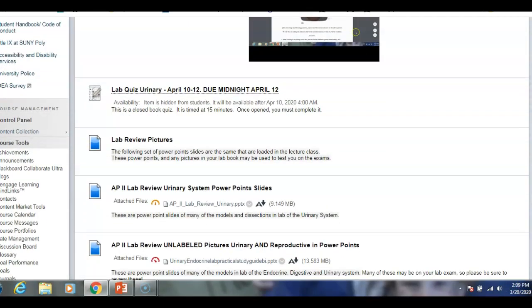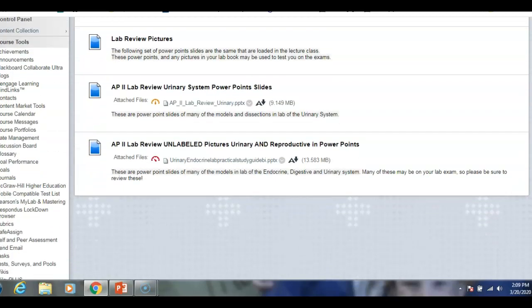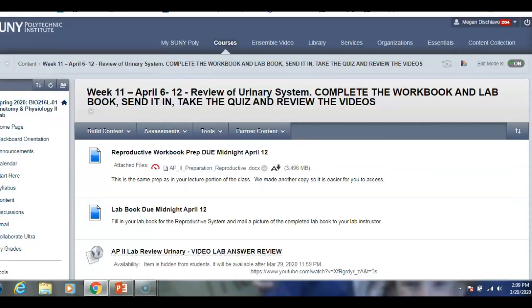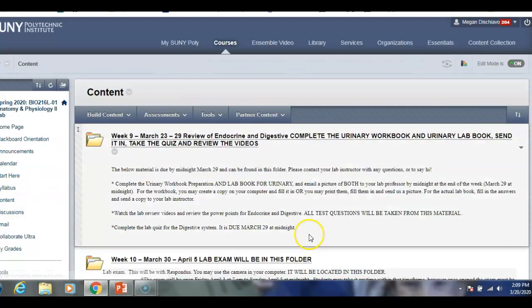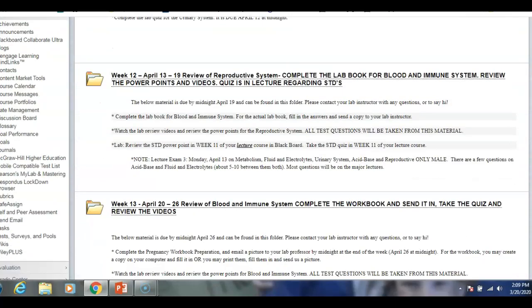You will have a lab quiz for urinary. Once again, open Friday to Sunday. It'll be due midnight, April 12th. Here are those lab review PowerPoint slides brought over from your lecture once again, and the workbook was brought over from your lecture. I'm just trying to make it easier for everybody to follow. Of course, if you have questions, please email me, or your lab instructor.